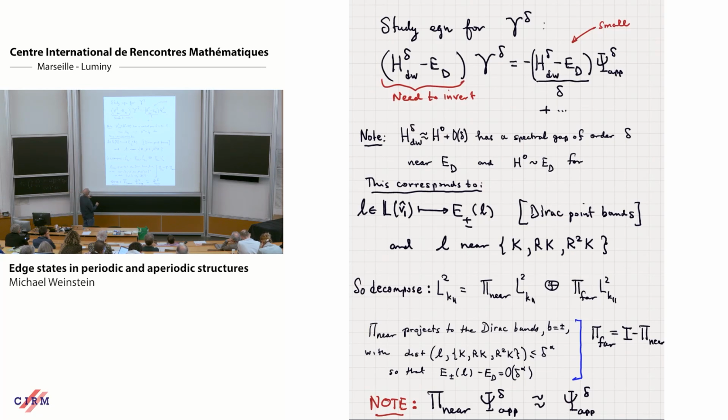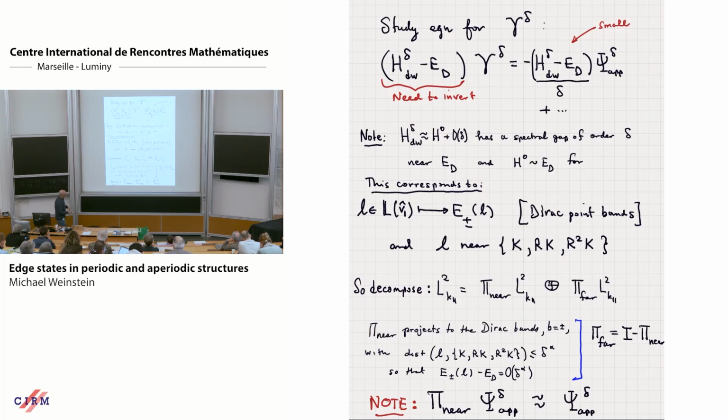So it's natural to decompose L2K parallel into quasi-momentum components that are near the Dirac points and far away from the Dirac points, okay? Where, in terms of the small parameter delta, near is defined in terms of the small parameter delta.